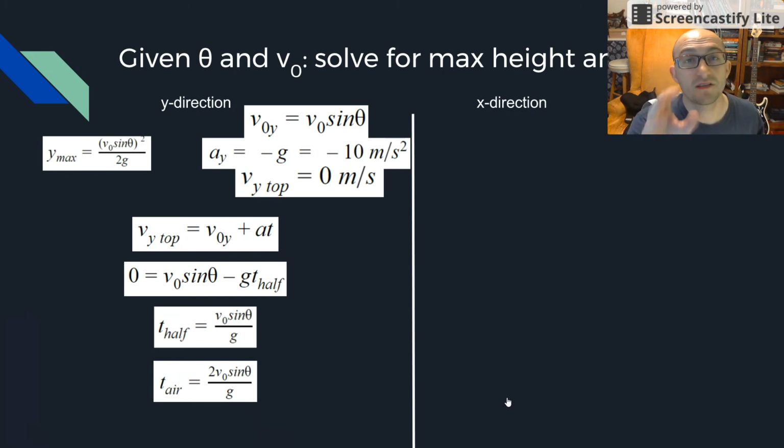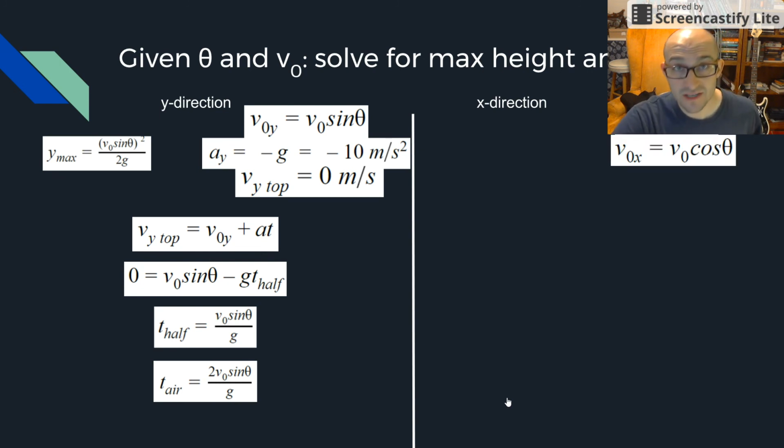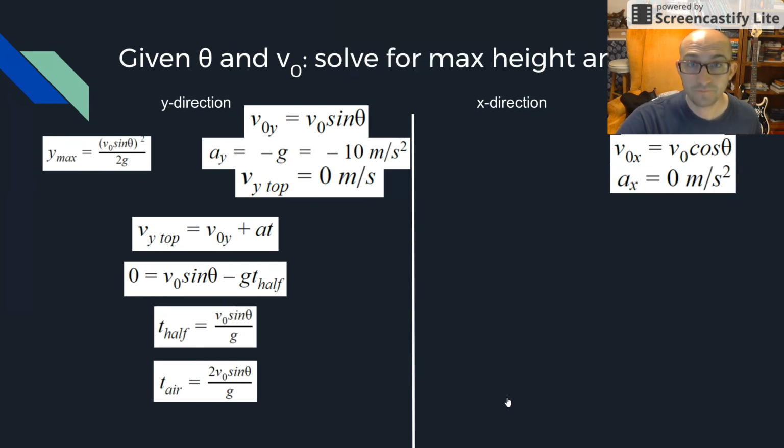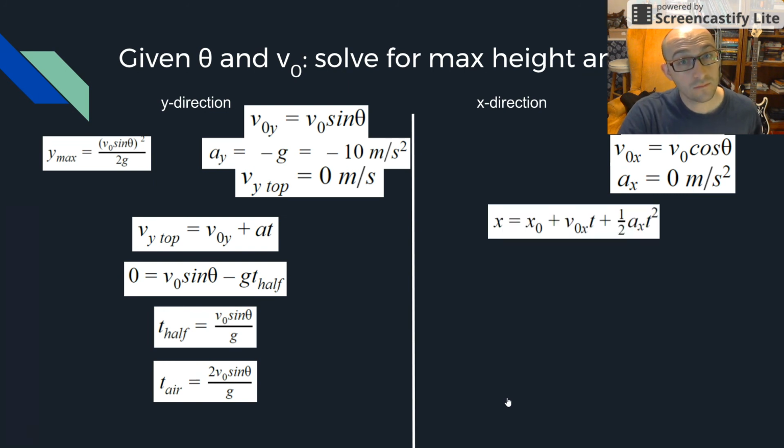All right, here is the magic. X direction is impossible to solve unless you have the air time, which is why I started with y. Because now that I know the air time and I know the initial velocity in the x direction, again, because of that triangle, and I know that the acceleration in the x direction is 0, I can use this equation to solve for x.